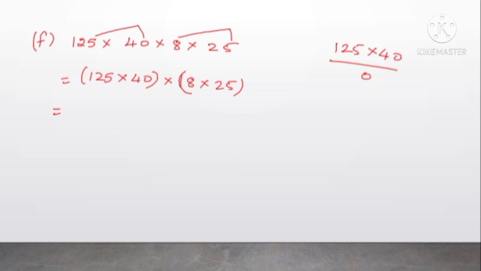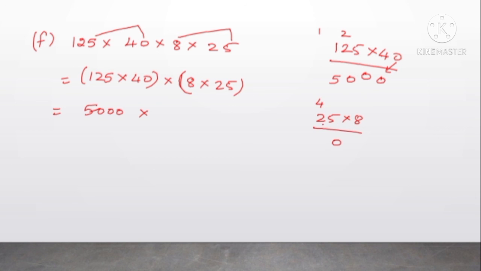4 5s are 20. Balance 2. 4 2s are 8. 8 plus 2 10. Balance 1. 4 1s are 4. 4 plus 1 5. And we have 1 0. So let us include that 0. So it is 5,000. 5,000 into, next value is 25 into 8. 8 5s are 40.